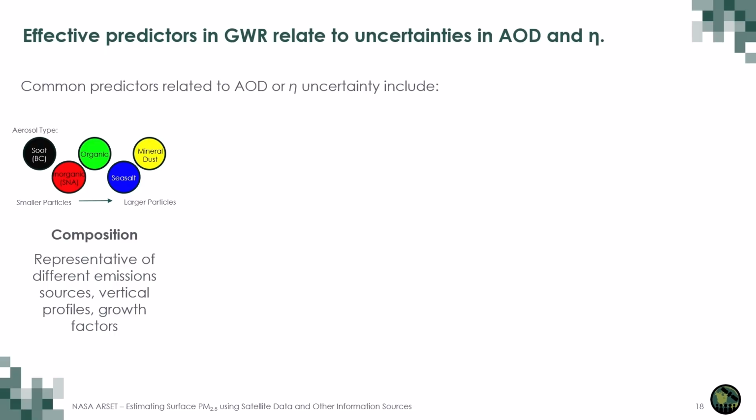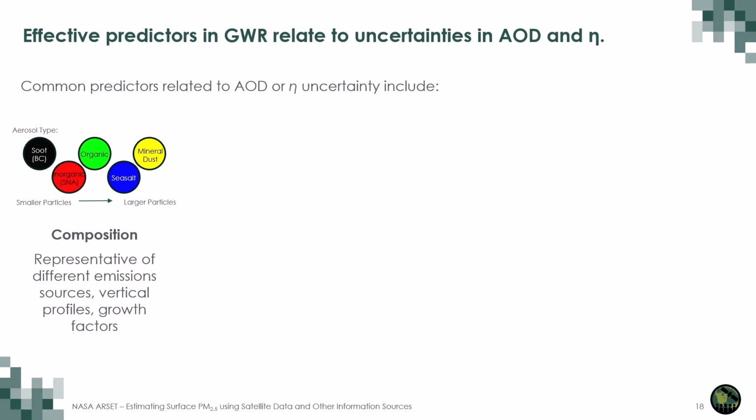Okay, so what variables are going to be most effective at predicting the geophysical bias? Well, the answer would really tie back into one of two sources, either uncertainties in the retrieval of AOD itself, or uncertainties in the relationship that's being used to relate AOD to PM2.5. Between this week and last, we've covered a lot of the sources of this potential uncertainty, which typically falls into four broad categories.